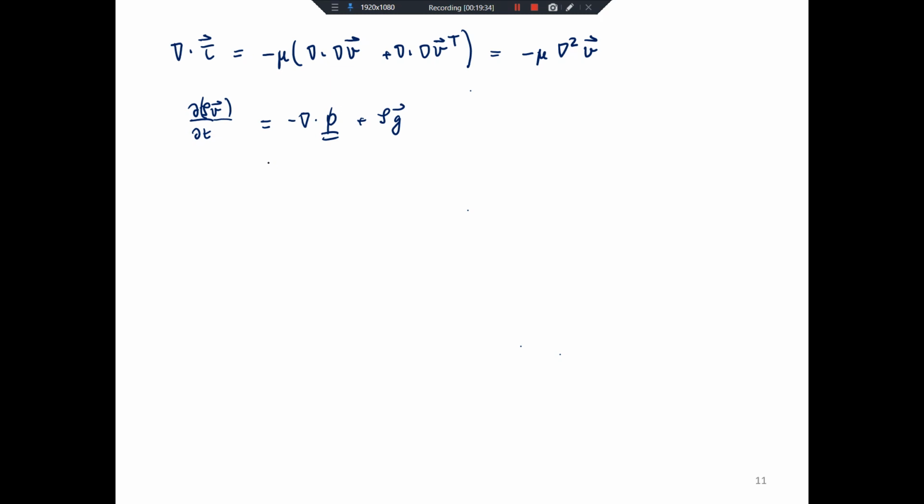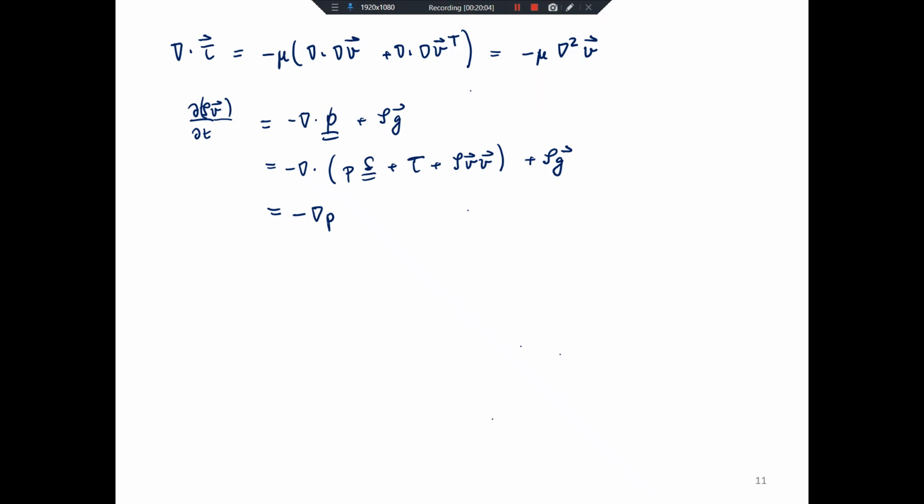And we have just, so this was p delta plus tau plus rho v v plus rho g. This is a vector function. And I have just found out, so this is equal to the divergence of p times the identity matrix is minus the gradient of P. We have proved that just a moment ago.